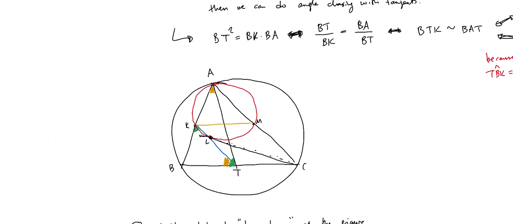And so angle LTB equals angle LTM, LTC. And so BT is tangent to the circumcircle of ATC. And so BT squared equals BK times BA.